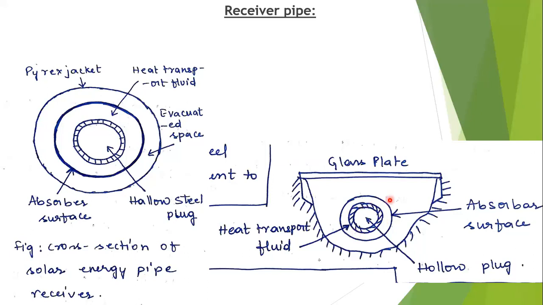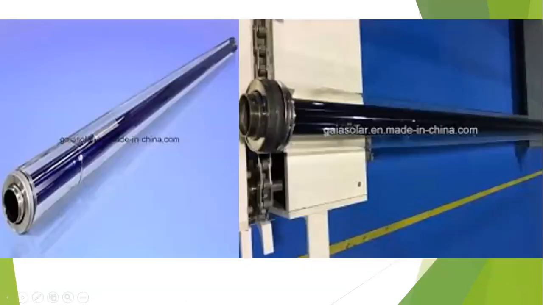If you see the receiver pipe practically, the absorber and receiver reflect back and emit thermal radiations. This is the practical pipe you are seeing. It is a steel pipe and a glass Pyrex jacket will be over it. If you observe, this is the receiver pipe.